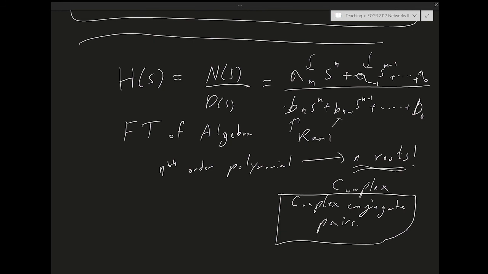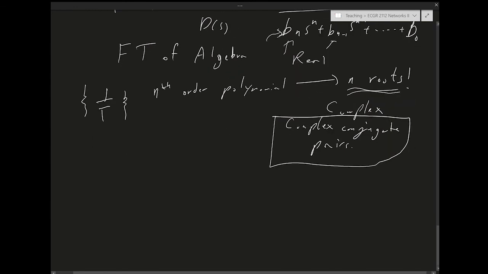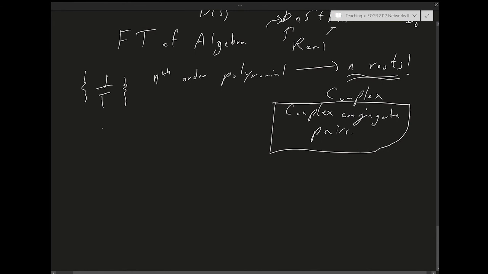And when we deal with circuits, circuits always have resistances, inductances, and capacitances that are real, and voltages and currents that are real. So in the transfer function, we can never have complex coefficients. So the roots will always have to be either real or complex conjugate pairs. It doesn't make sense to talk about a 5j resistance. It does make sense to talk about a 5j impedance, but not a 5j resistance.